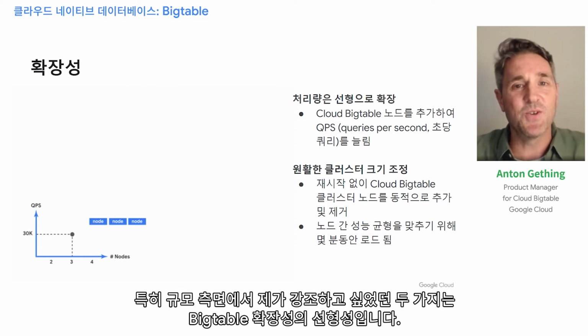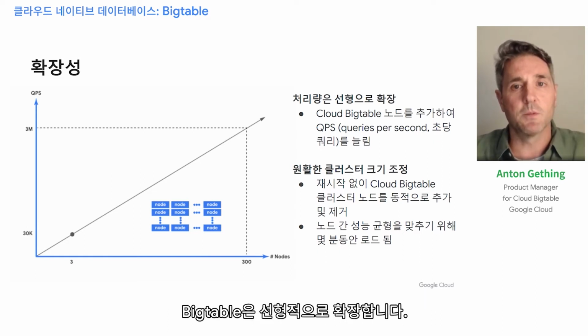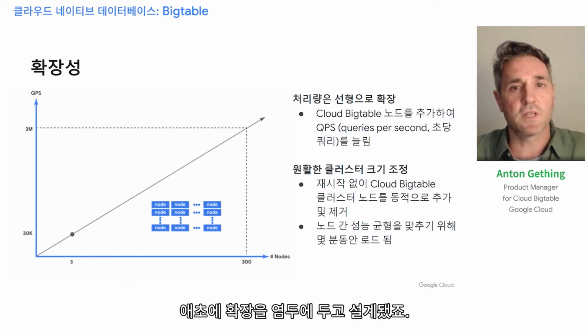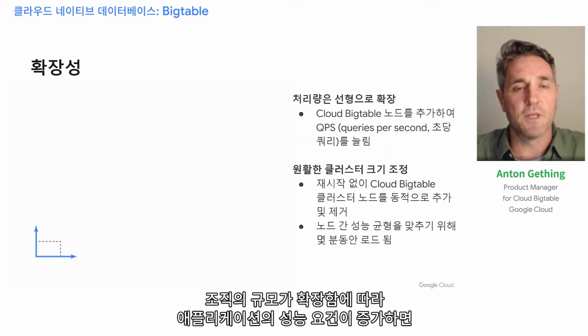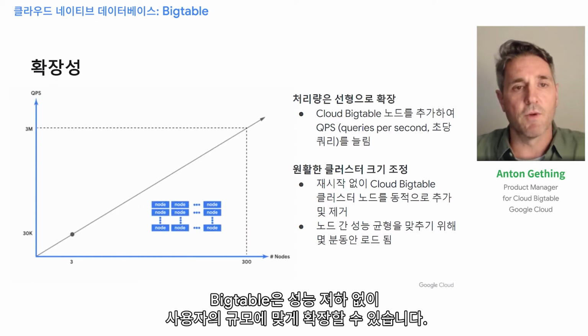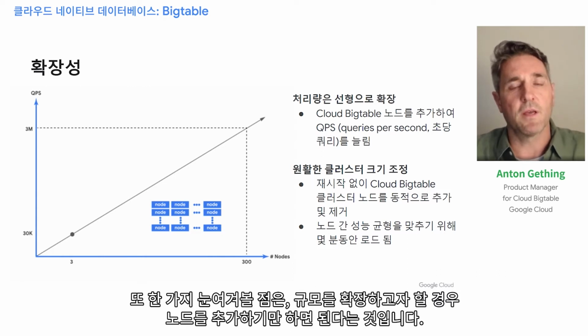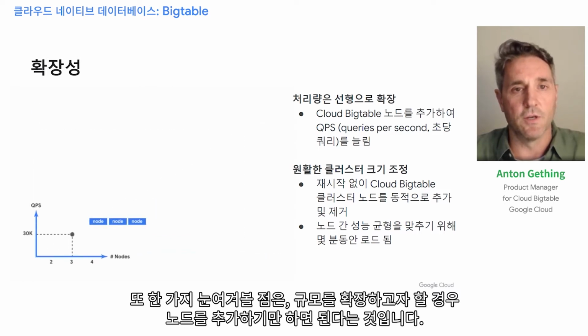Talking of scale, two things I wanted to highlight here, particularly with scale, is the linearity of Bigtable's scalability. So Bigtable scales linearly. It was built for scale from the start. As your application performance requirements grow, as you grow, Bigtable can grow with you without compromising performance. Another point that's interesting and important is that in order to scale, you can simply add additional nodes.